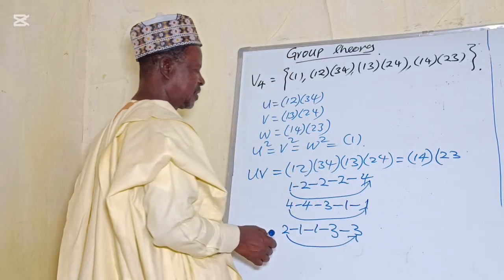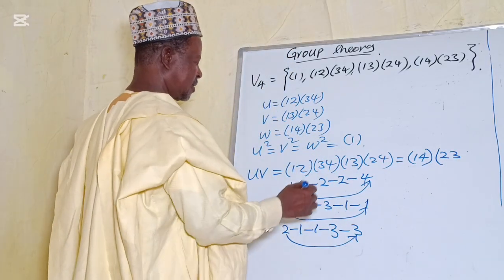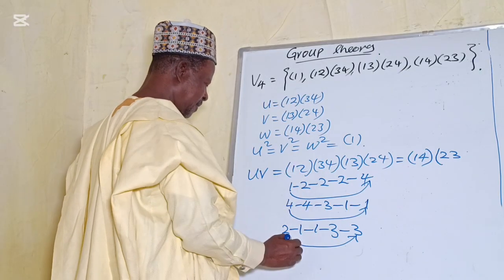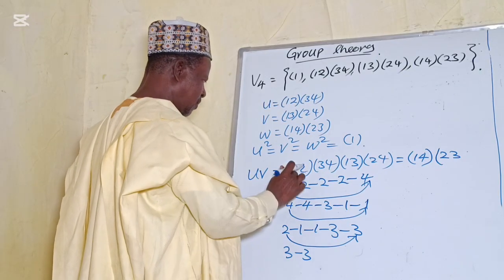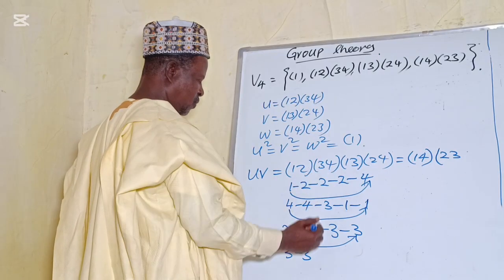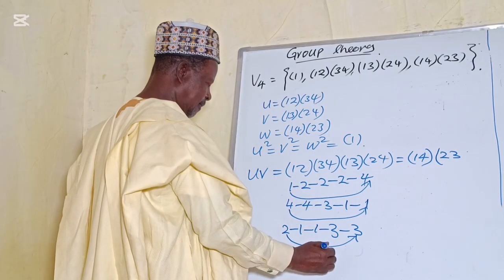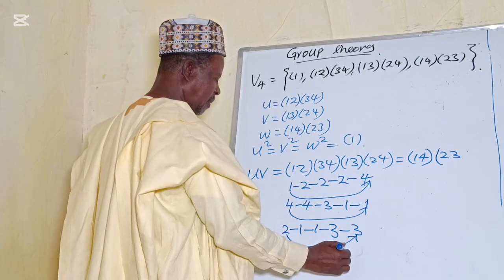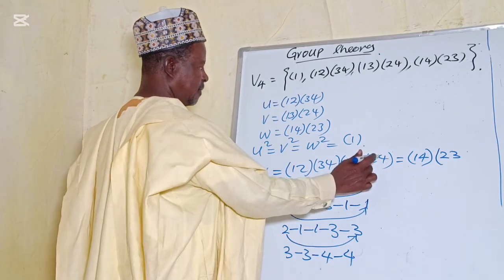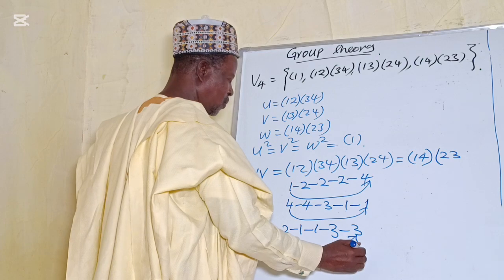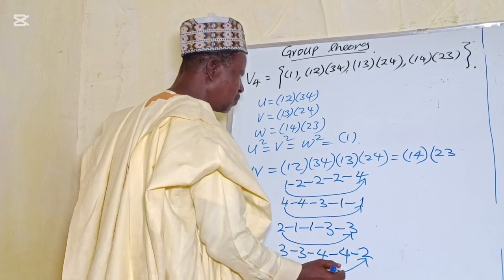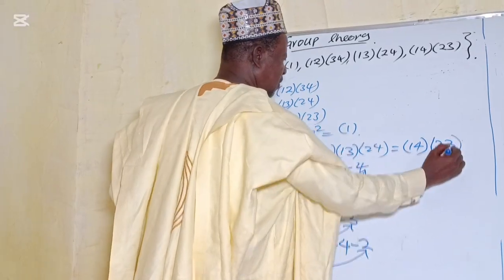Now where is 3 mapped onto? 3 is fixed in the first cycle, but 3 is mapped onto 4 in the second cycle. 4 is fixed here, but 4 is mapped onto 2 in the fourth cycle. So ultimately 3 is mapped onto 2, so I will close this.